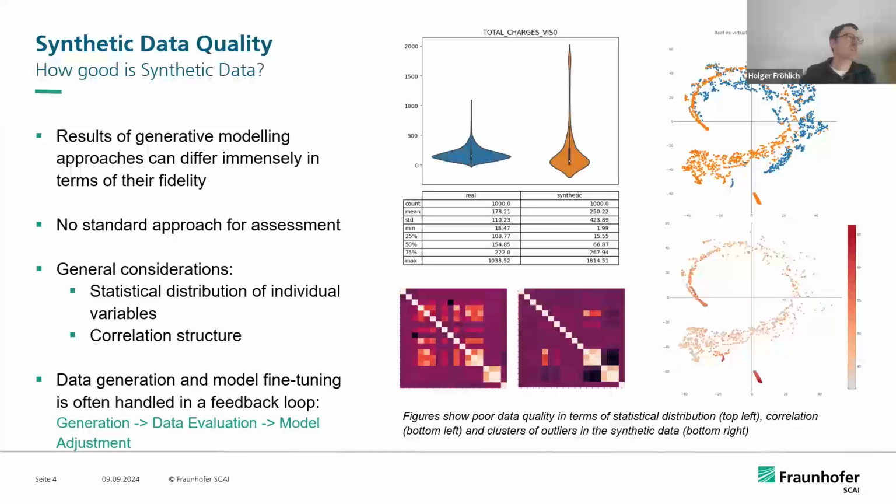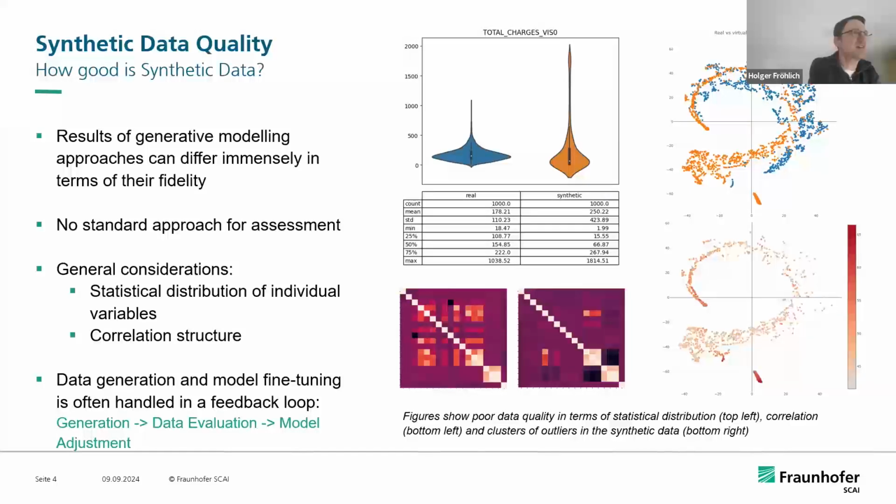So in general, there are two major considerations that we try to implement from our point of view. On one hand, the statistical distribution of individual variables should resemble each other between the synthetically generated data and the real data. For example, look here on the top right.